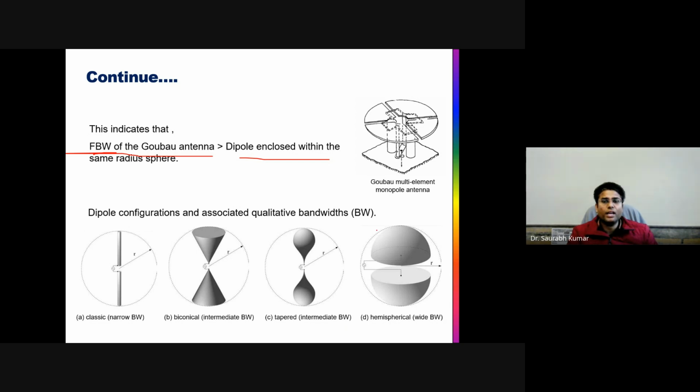But if you have a hemispherical dipole, you can see that it is maximally utilizing the geometrical configuration, or the available space, within this sphere. So it gives you a wide bandwidth. The size is the same, each and every antenna has the same size, but the use of three-dimensional space is somewhat different.